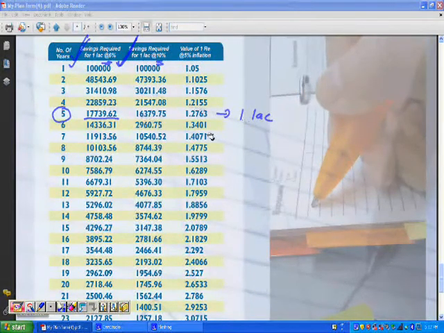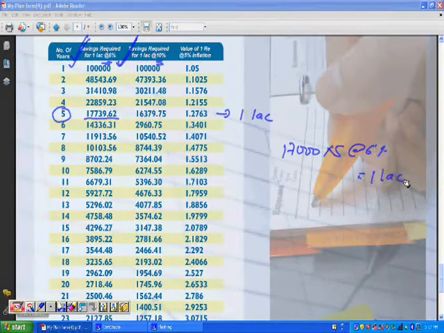Right, so you understand how it works? You need to save 17,000 rupees for 5 years at 6% to get 1 lakh. Right, so this is how it works.